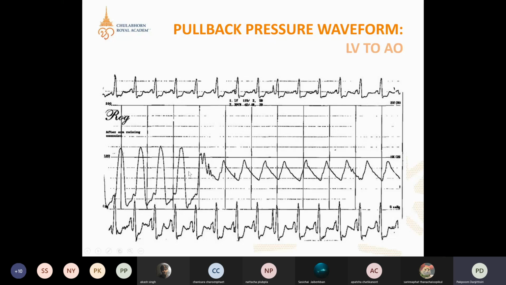After that, the doctor will pull back the catheter into the aorta, and you will see the difference, the gradient. Here is a peak gradient, right? And you can calculate it easily as the peak-to-peak gradient, by taking the peak systolic LV pressure minus the peak systolic aortic pressure over here.